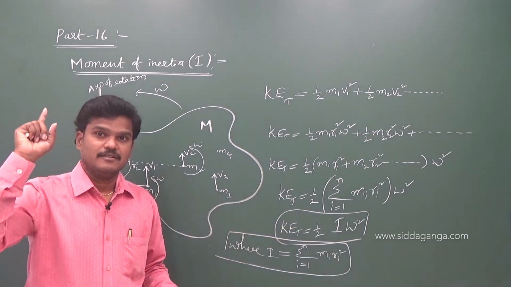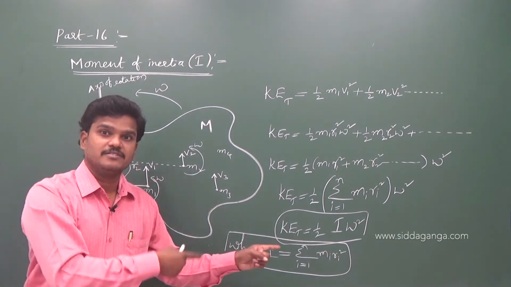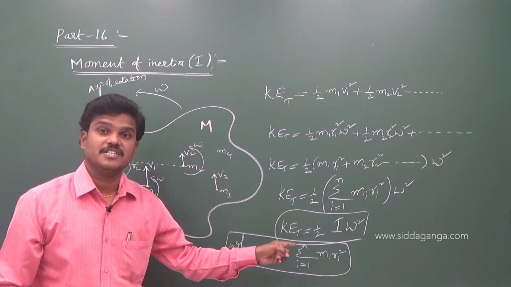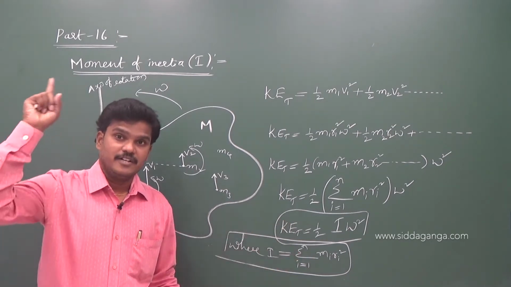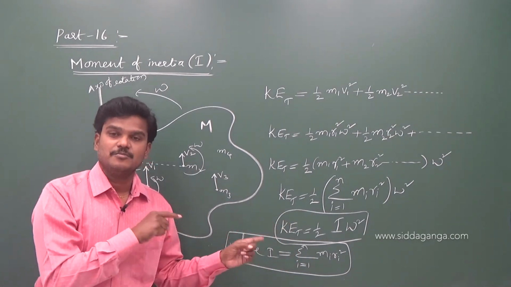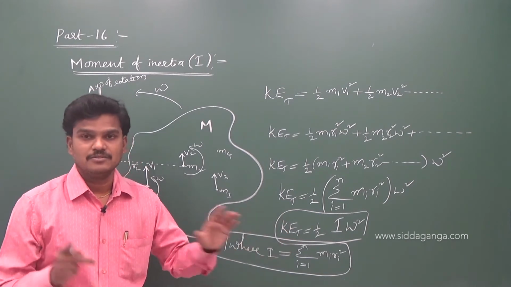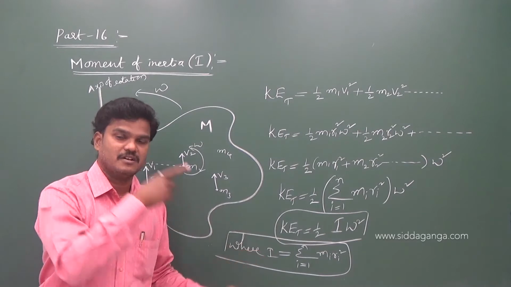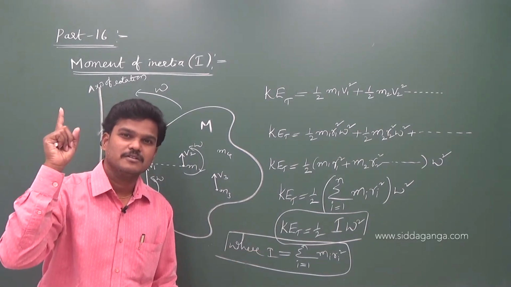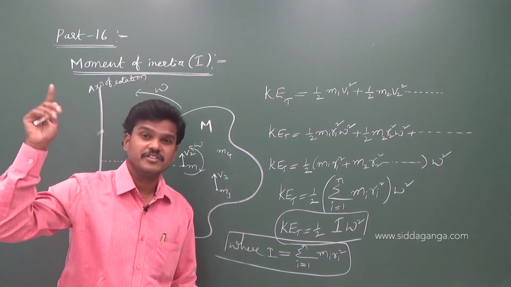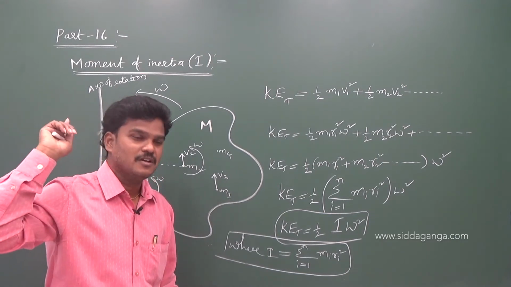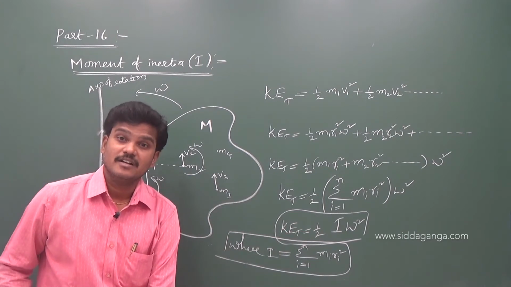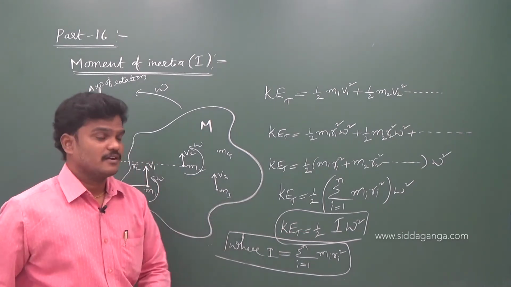There it was mv square; m is replaced by I, the moment of inertia. The linear speed v in the previous chapters is replaced by omega, the angular speed. So see how I am converting the terms: mass becomes moment of inertia, and speed becomes angular speed.